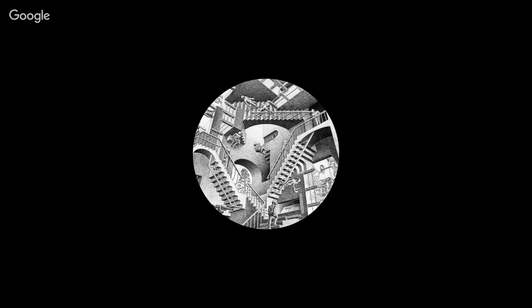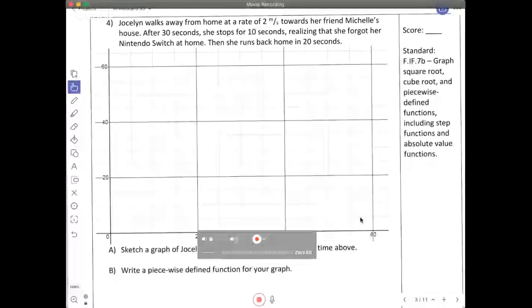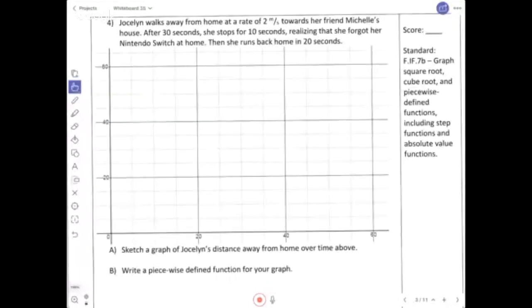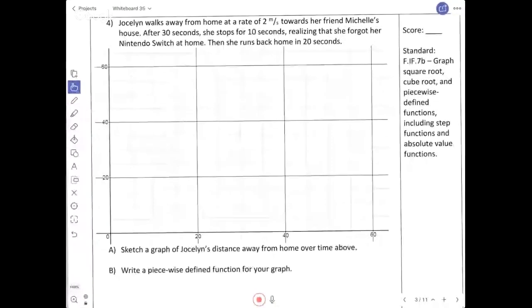Back to screen share. Ooh, average rate of change could also be on the test. Do you want to talk about average rate of change of a function? Yeah, we could do that.